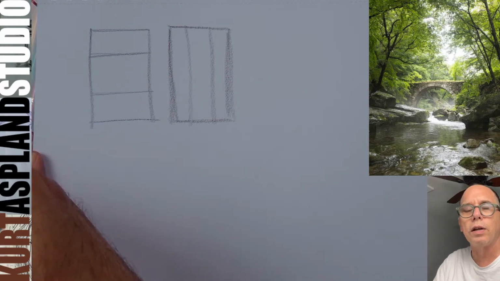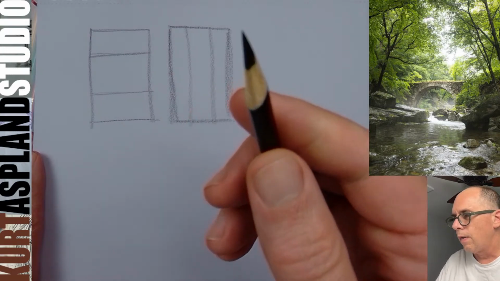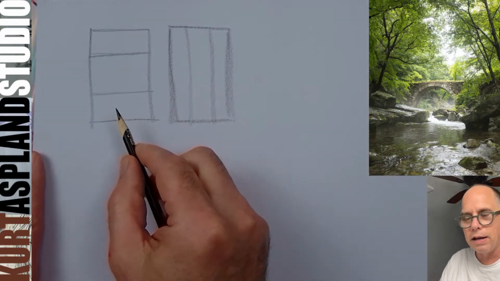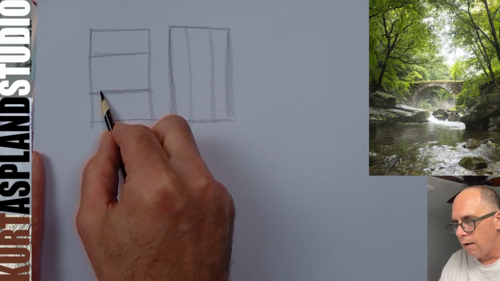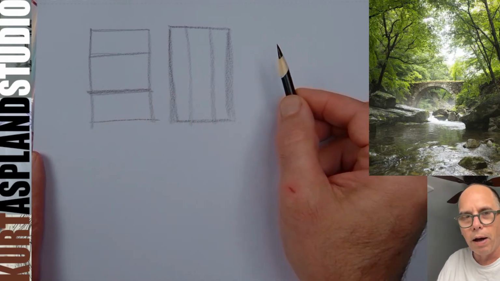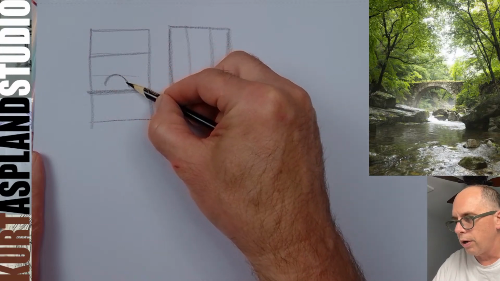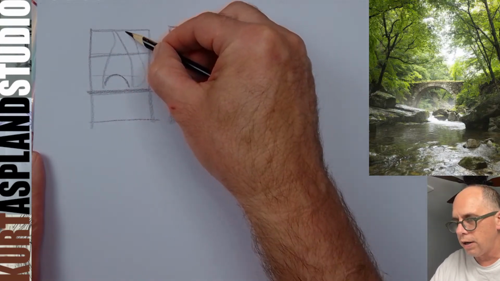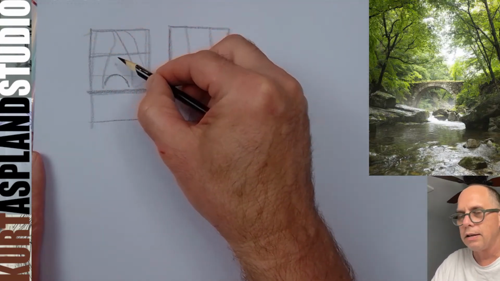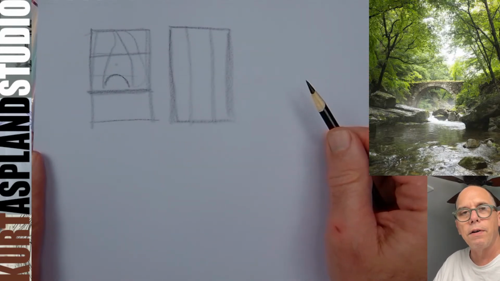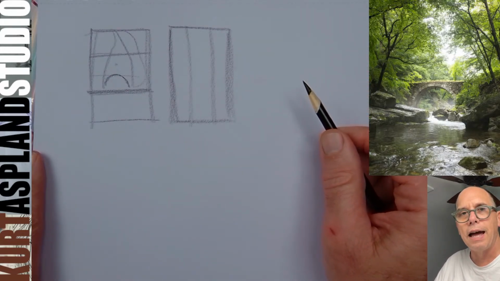Look at this photograph: the water is taking almost the bottom third, then you have your bridge, and then we have our trees. Just by that very nature, it makes it dramatic.